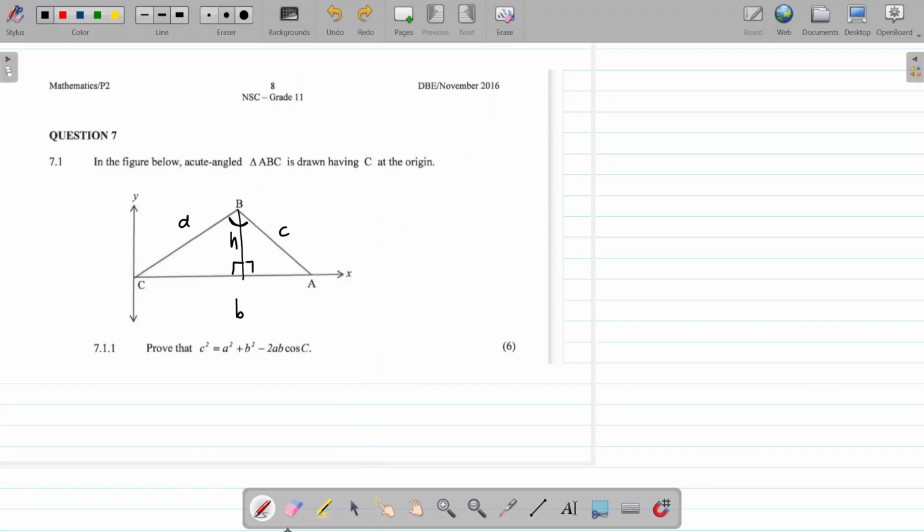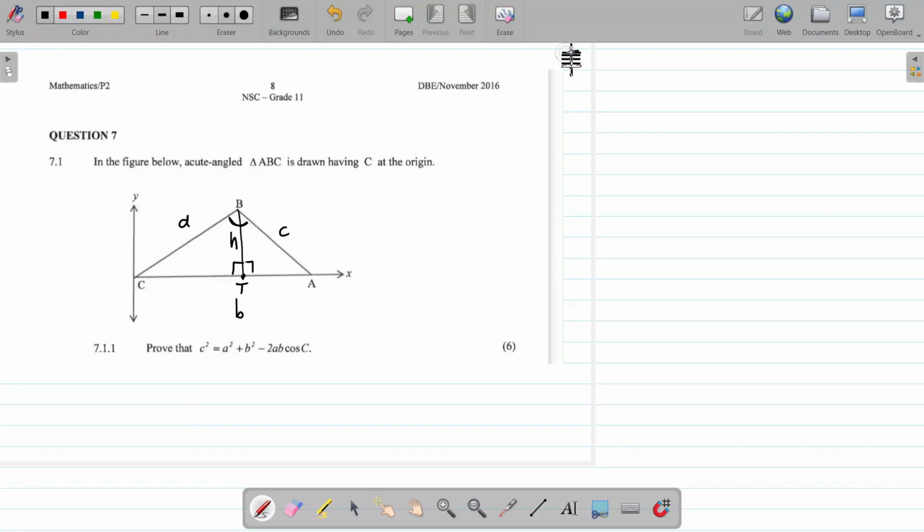Now, what we are going to do in this particular situation is that we're going to apply Pythagoras. But before we apply Pythagoras, because now we're going to have this side over here, let me call this side CT, right? So that I can just be specific on which triangles I'm referring to.